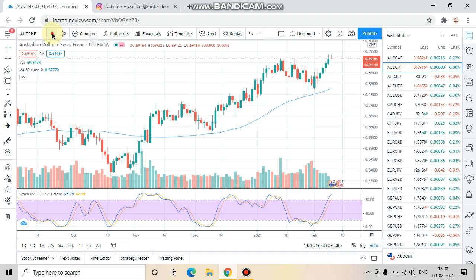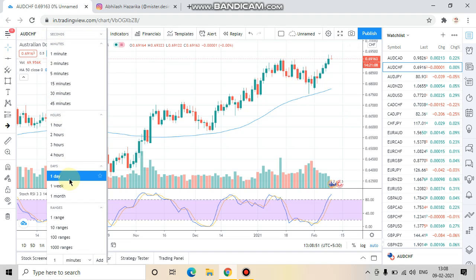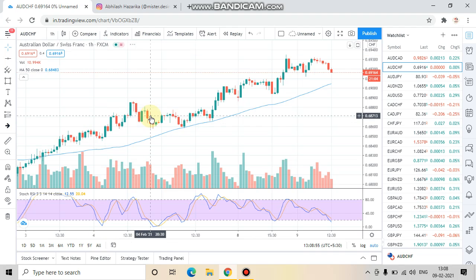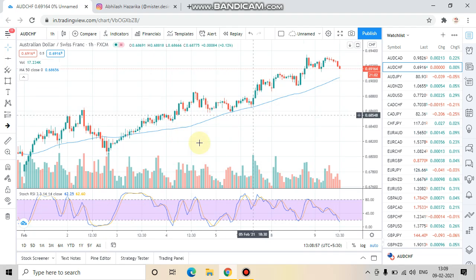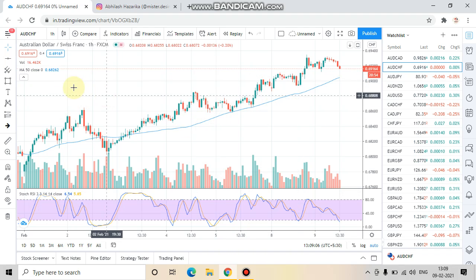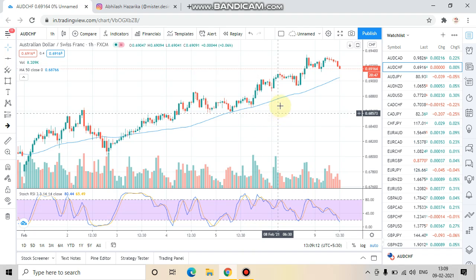And if you are planning to make some money in a short amount of time, just switch to 1 hour time frame and just take a trade whenever stochastic RSI will be giving you a signal. Or if you want to make some good money by following the moving average, then please go ahead.